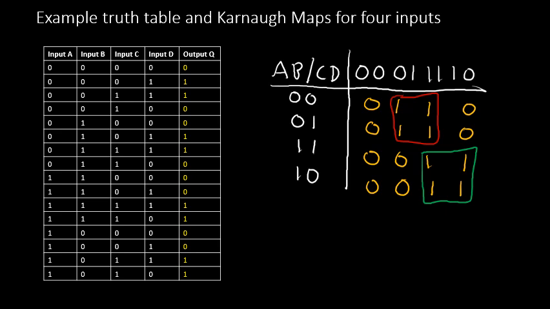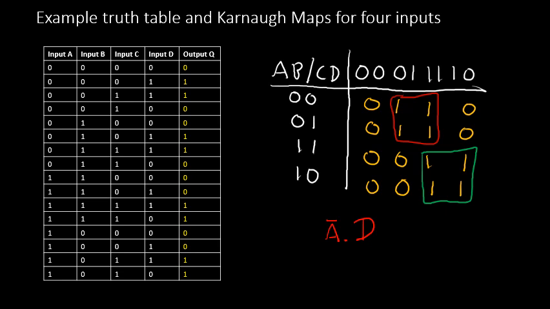So our expression that corresponds to this red box is going to be not A, and D is 1 in all cases, so it's going to be not A and D. So that's for our red box.